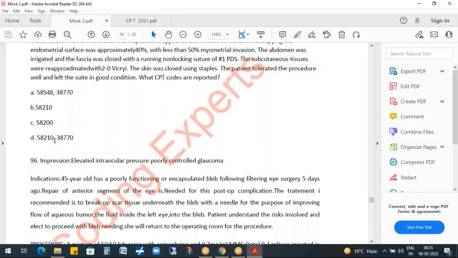Option D, D for Delhi. Yes, sir. Already lymph node is a part of the code description, Vishnu. Why do you need to code lymph node separately again? In 58210, pelvic lymph nodes are a part of the code description or not? Why do we need to split and code separately? Combination code is there. Next, question number 96.